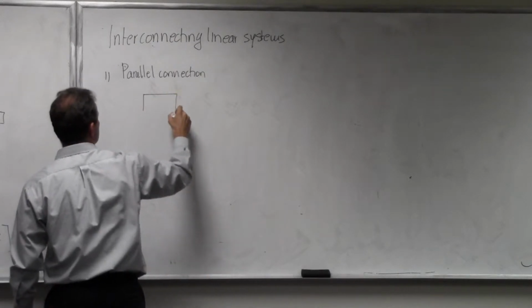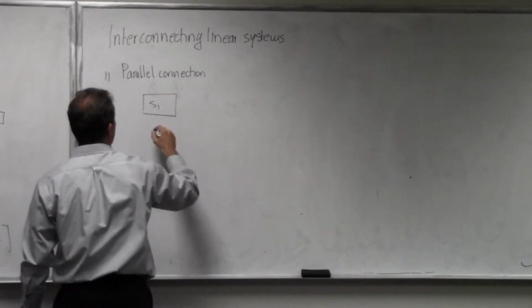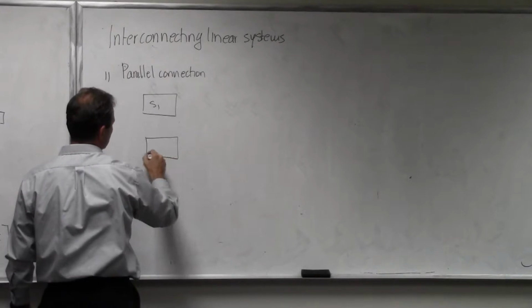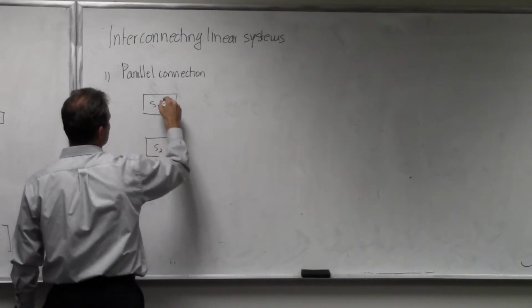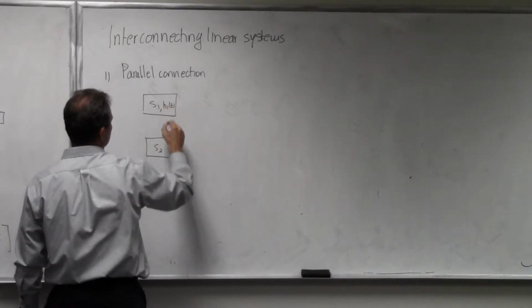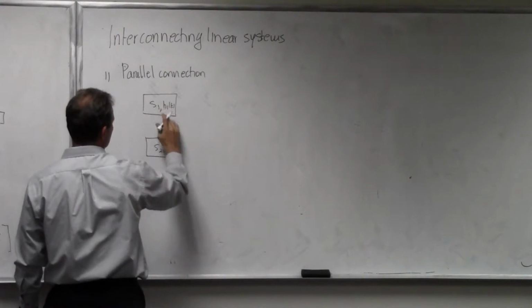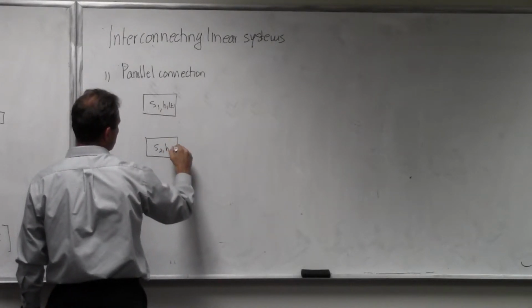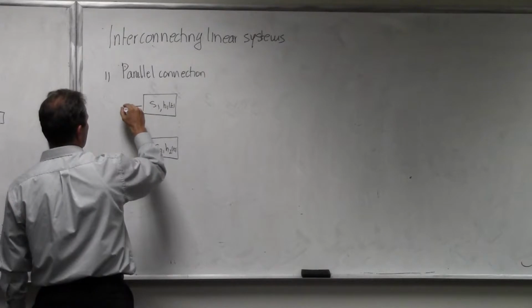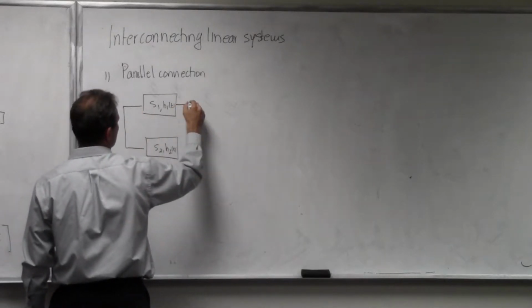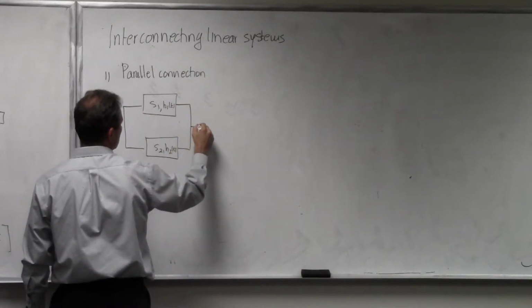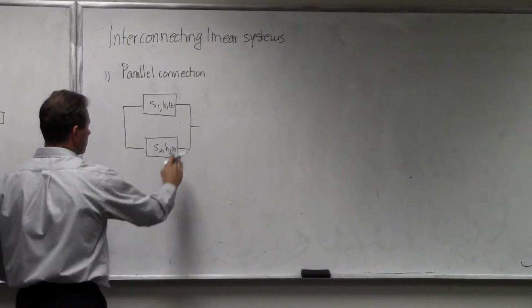I have two systems, S1 and S2. S1 has an impulse response h1 of t, S2 has an impulse response h2 of t, and I connect the systems like this. The question is, what is the impulse response at the output?